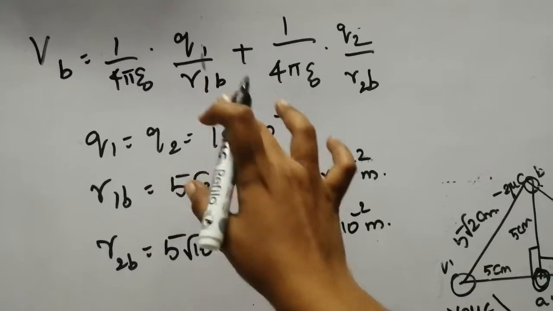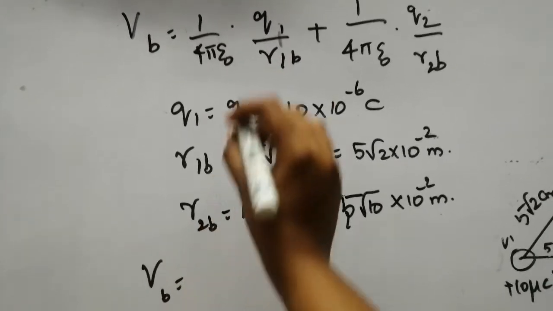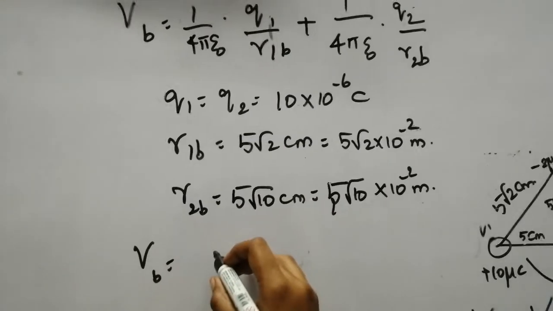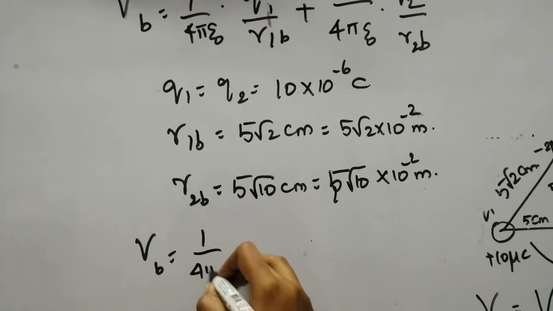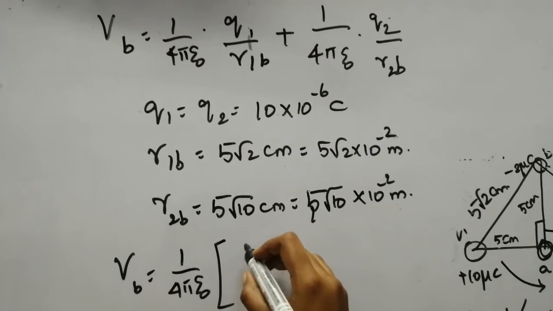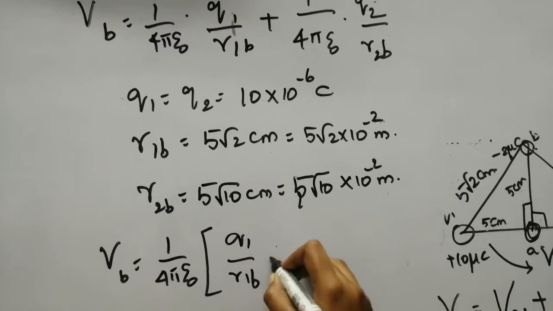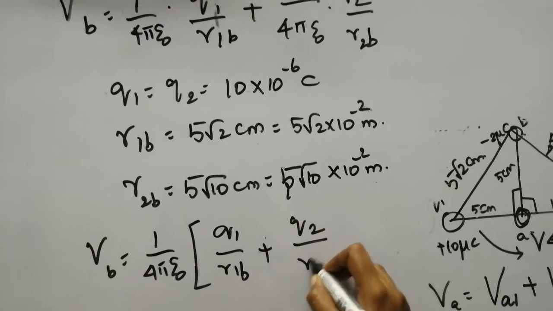Substitute all the values in the formula. You will get VB is equal to 1 by 4 pi epsilon naught into Q1 by R1B plus Q2 by R2B.